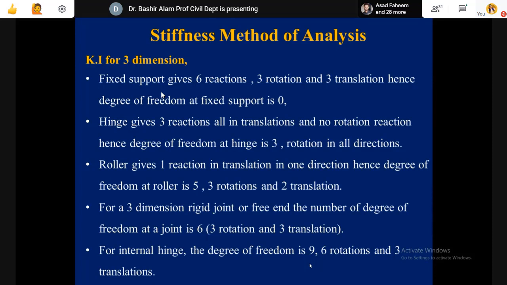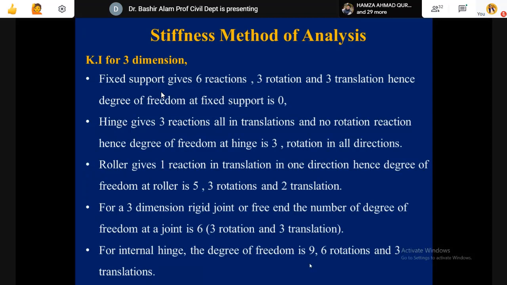Translations it is not allowing in any direction, so in terms of translations it is determinate, but in terms of rotations it is kinematically indeterminate. A roller gives 1 reaction, so it is allowing 2 translations and 3 rotations.